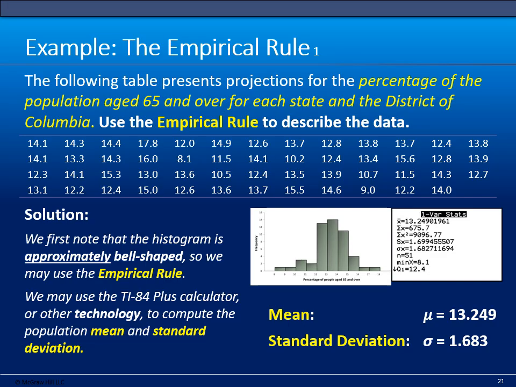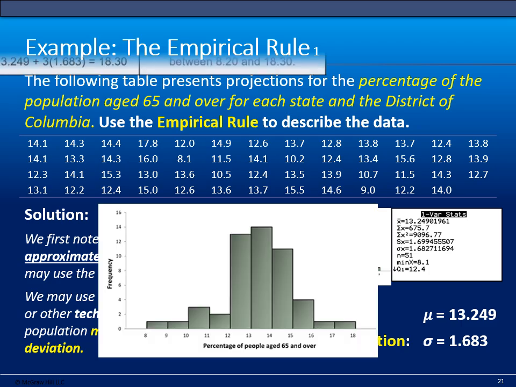So now, using the empirical rule, you should be able to determine the data points that are within 1 standard deviation. So 68% of the data is within 1 standard deviation, 95% of the data is within 2, and 99.7% is within 3.